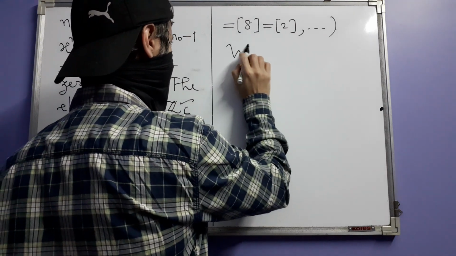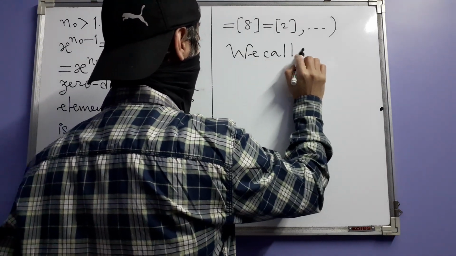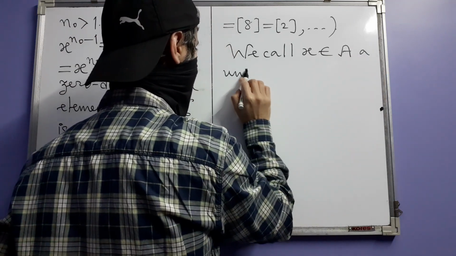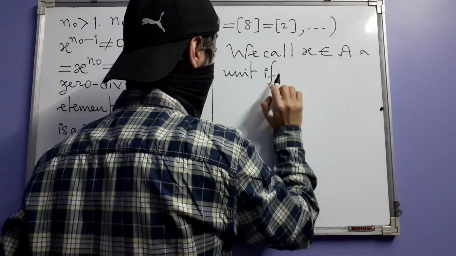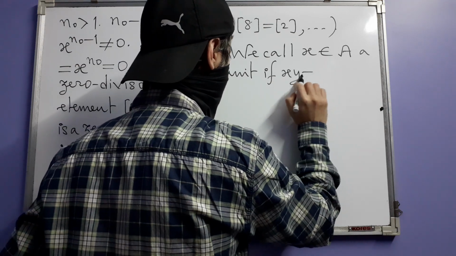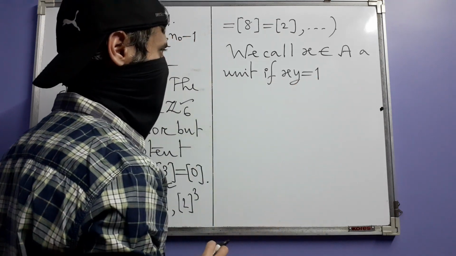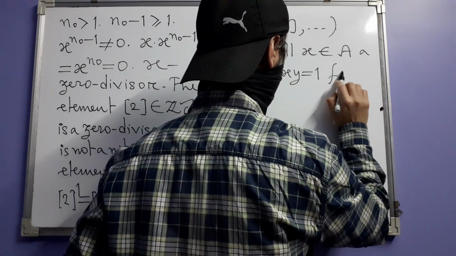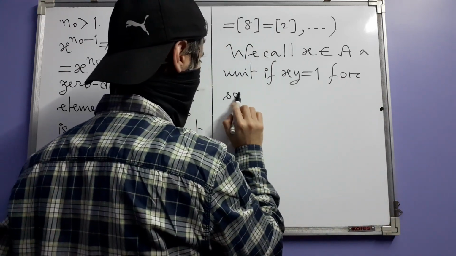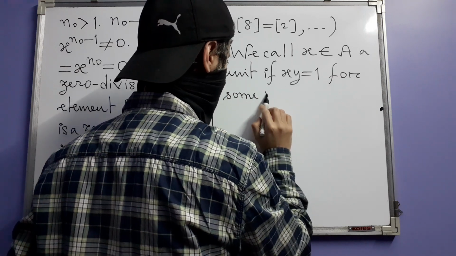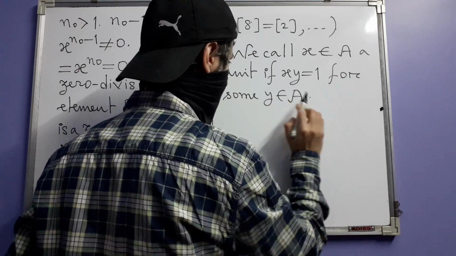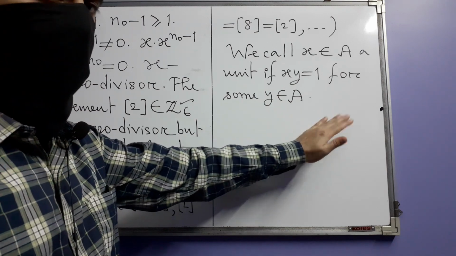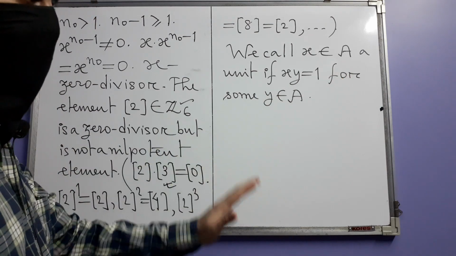We call an element x in A a unit if xy is equal to the identity element 1 for some y in A. Now here we do not have any more restriction on y, that y has to be non-zero, nothing like that, just y.